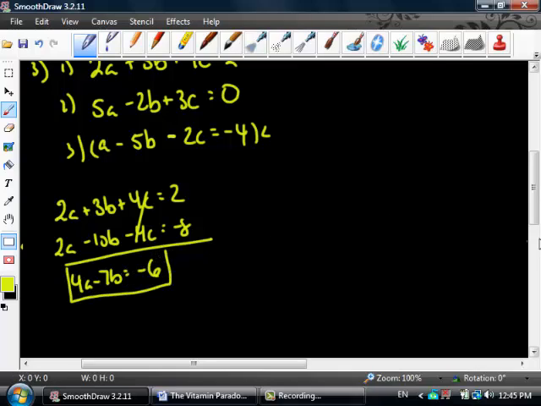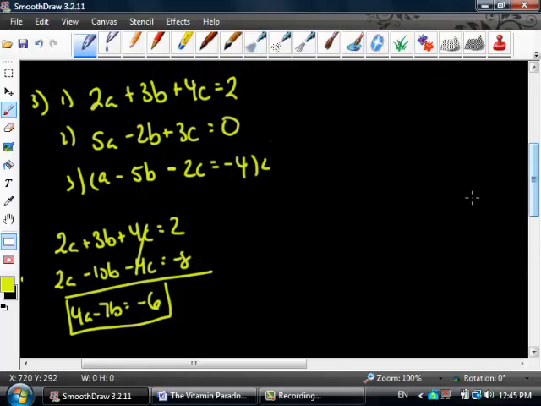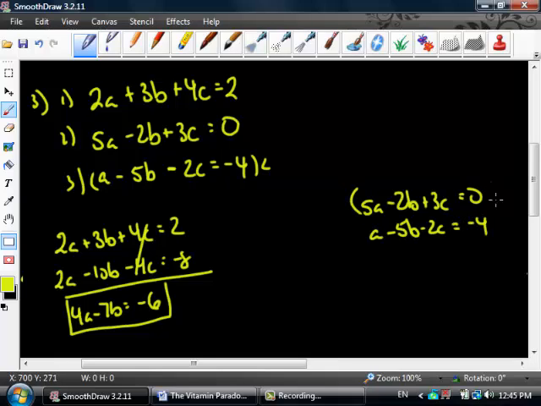Yeah? Okay. So next I'm going to try and eliminate c one more time. So I'm going to go 2 and 3. So 5a minus 2b plus 3c equals 0, and then a minus 5b minus 2c equals negative 4. The common number here is 6, so I'm going to go 2 up top, 3 on bottom, yes?